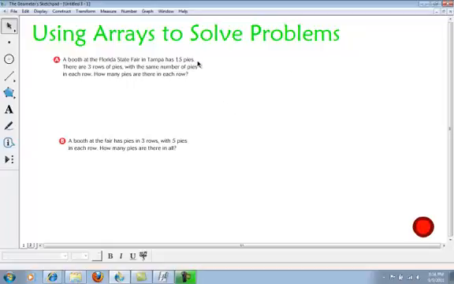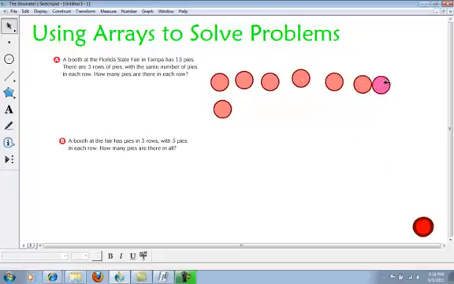So let's look at our story here. It says that we have 15 pies. So let's count out 15 pies. 1, 2, 3, 4, 5, 6, 7, 8, 9, 10, 11, 12, 13, 14, 15.